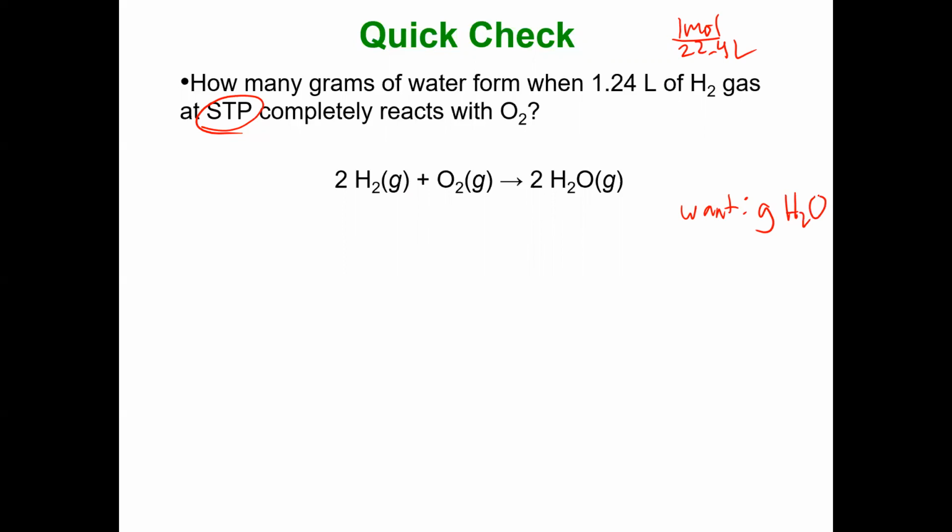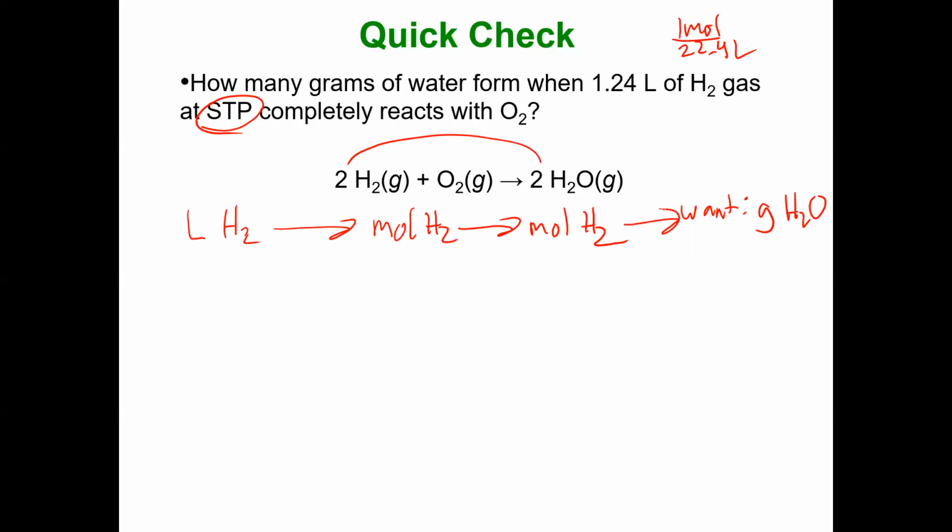I'm given liters of H2. I have a balanced chemical equation. I can go from liters of H2 to moles of H2. And I can go from moles of H2 to moles of water using my mole ratio and then get to grams using molar mass.